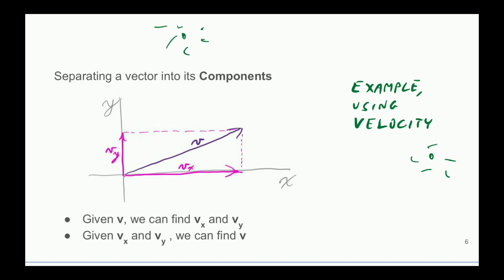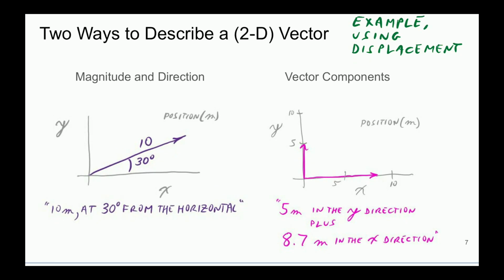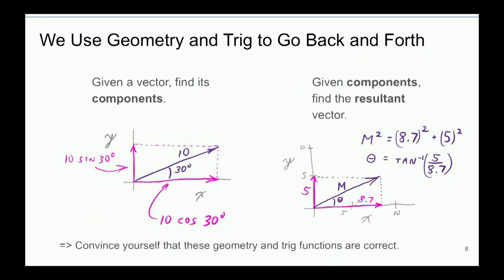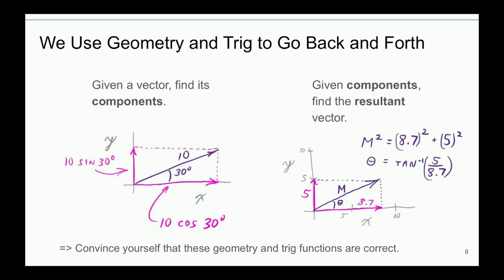Okay? So let's talk about how to do the math. We're going to try to find those components, the x component and the y component. That's a buzzword, as you well know by now. And we can find that by using geometry. So if we look at this picture on the left side, finding the components of something that's magnitude 10, angle of 30 degrees, we can use geometry and trig to find that.